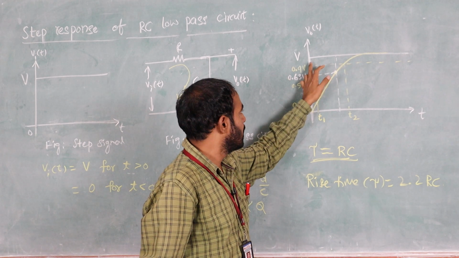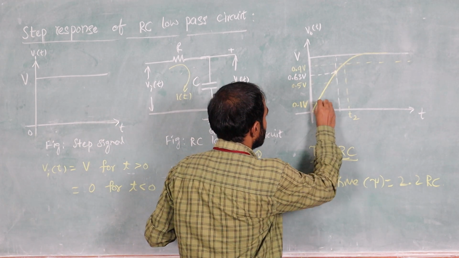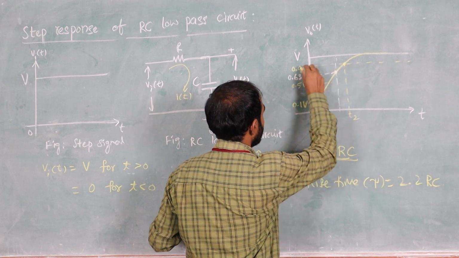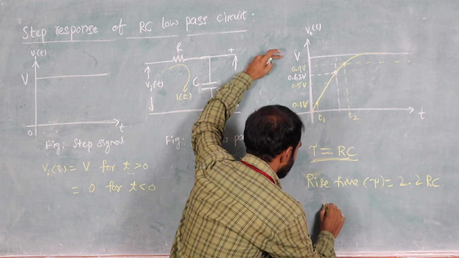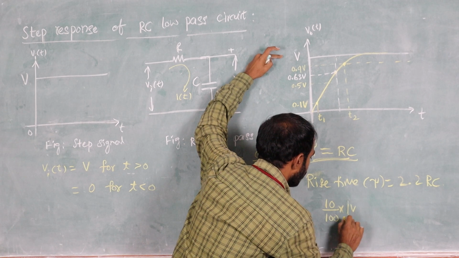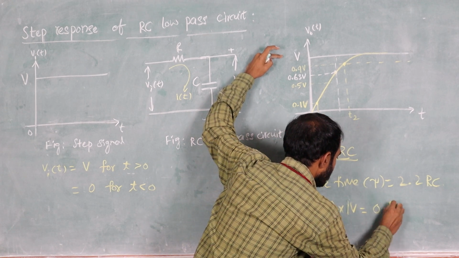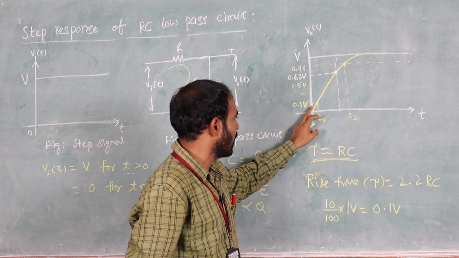Final value is, that is the amplitude of the input signal. So how much time it is taking? 10 to 90% of the value. For example, if you take this is 1 volt, so 10% of 1 is 10 by 100 into 1 volt or V volts. So you can get 0.1 volt. It is the 10% value, 0.1 volt.